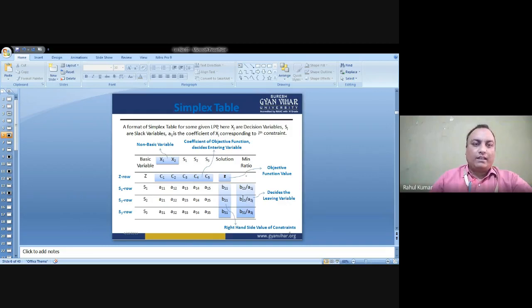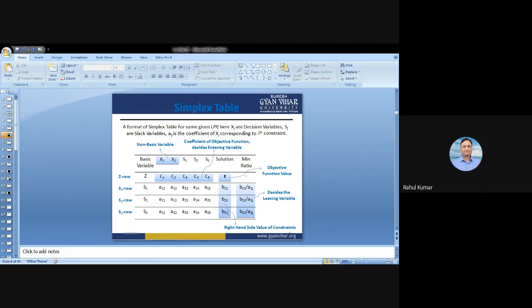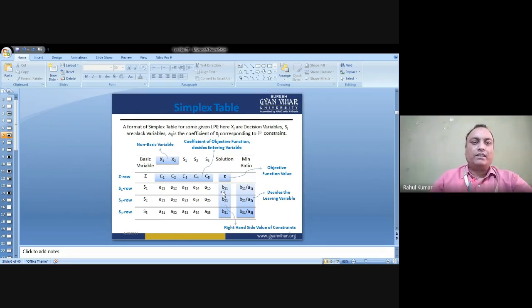Decide the leaving variable. These are just like b11, a1j, b21, a2j, and b31, a3j. But here these are b11, b21, and b31.